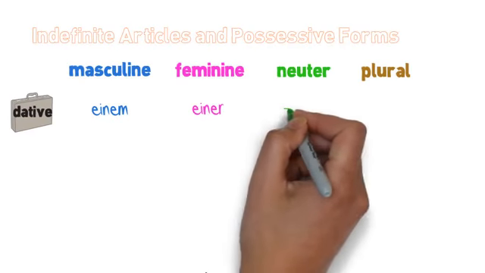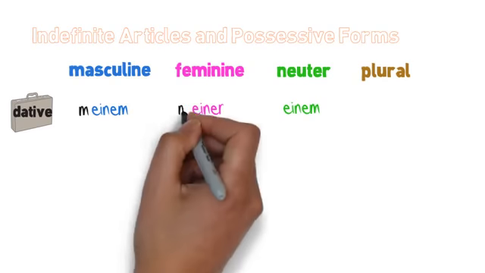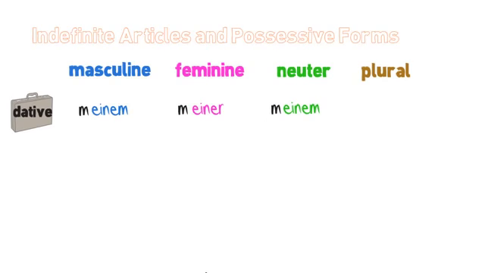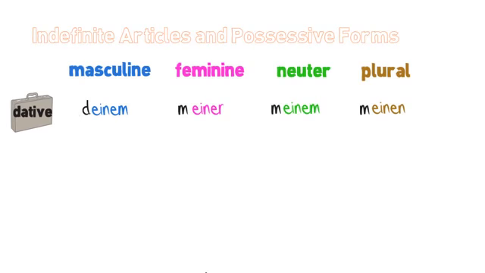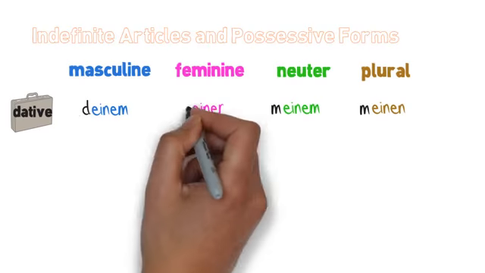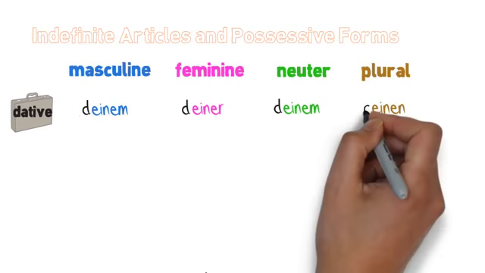Einer for feminine with an R corresponding to der. Einem for neuter. And nothing for the plural. The possessive forms are built off of these. So my in the dative case would be meinem, meiner, meinen, or meinen in the plural. Your would become deinem, deiner, deinem, or deinen, and so on.